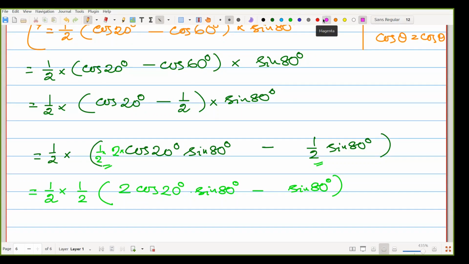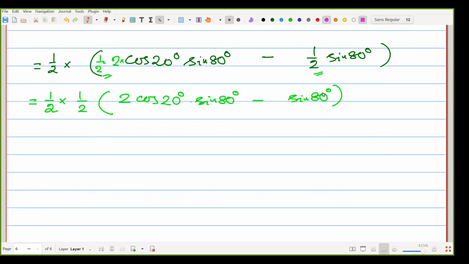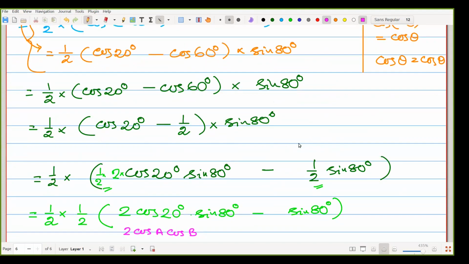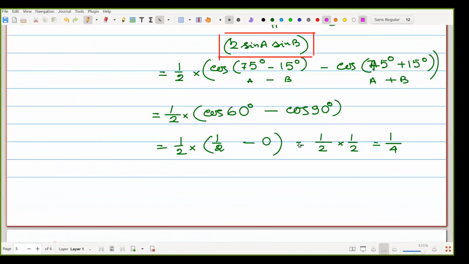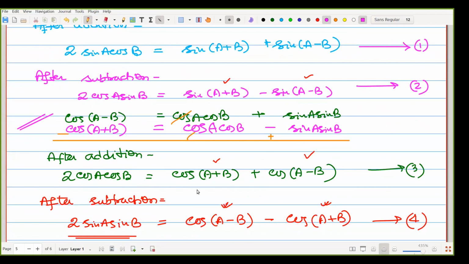Now the important part comes. That one formula is now becoming 2 of cos A cos B. What is the value of 2 cos A cos B? Cos A plus B plus cos A minus B. No, sorry.